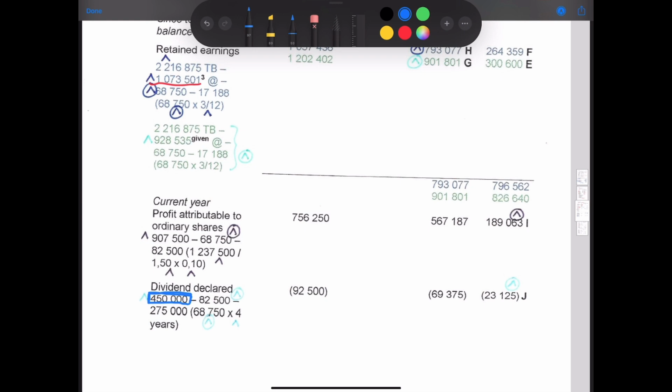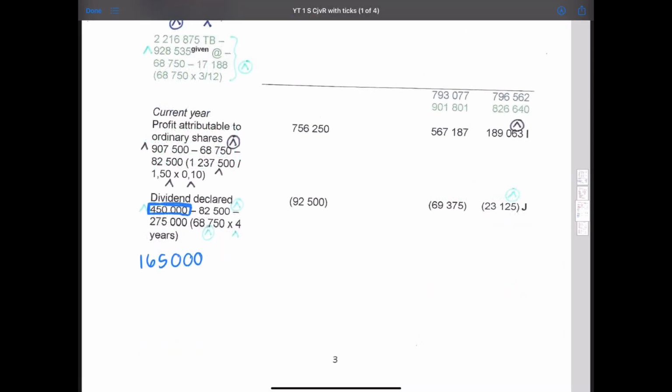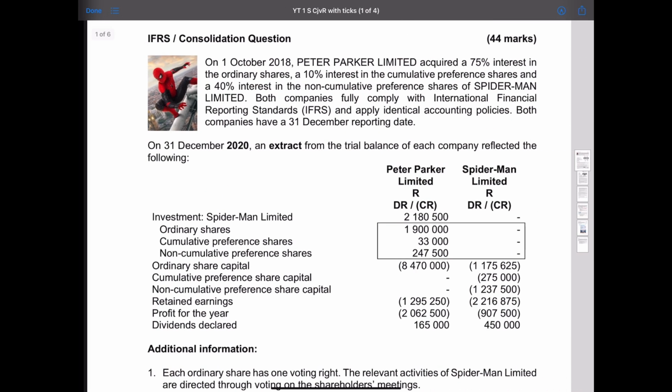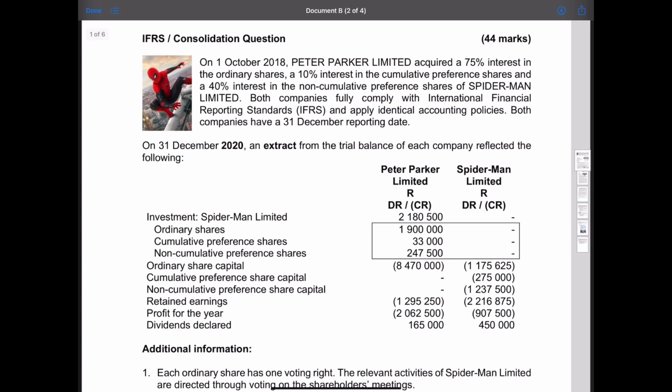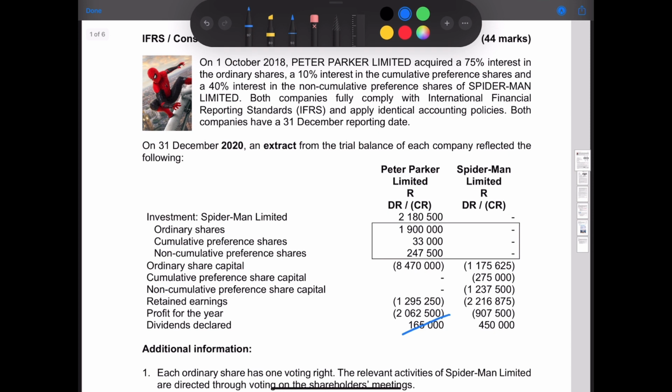Many students incorrectly use the amount of 165,000, which is the dividends declared by the parent company. The dividends declared by the parent company is never allocated to NCI. That is why in the question paper that has been given to you, it is incorrect to use the 165,000 and you should have used the 450,000.